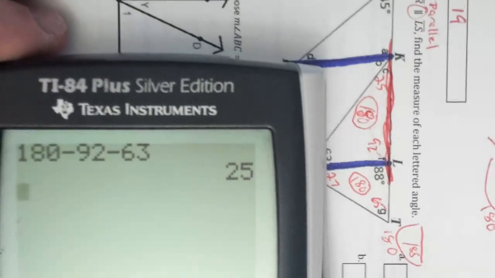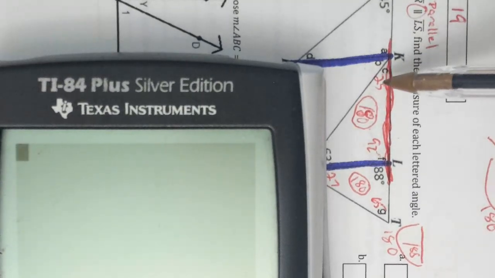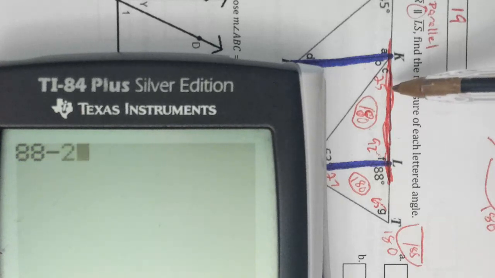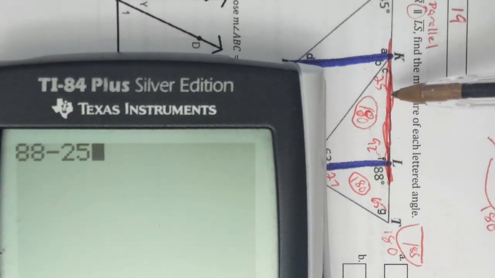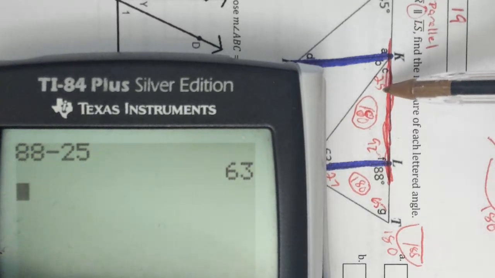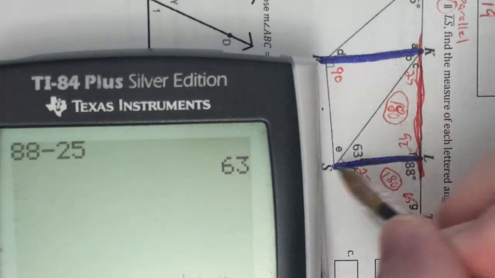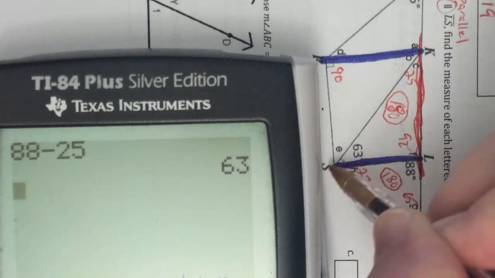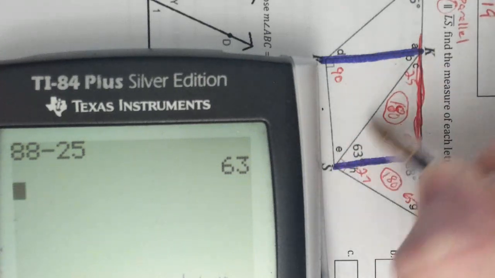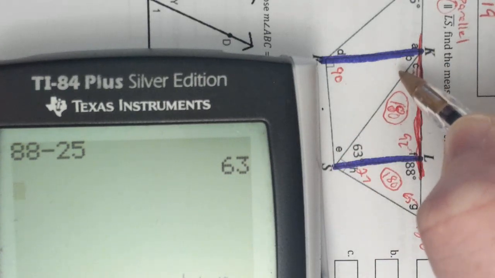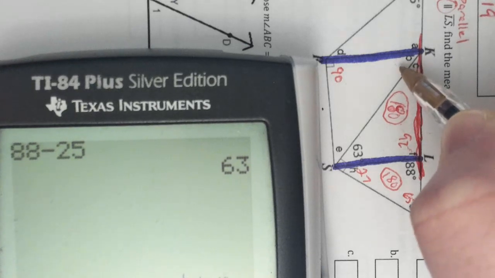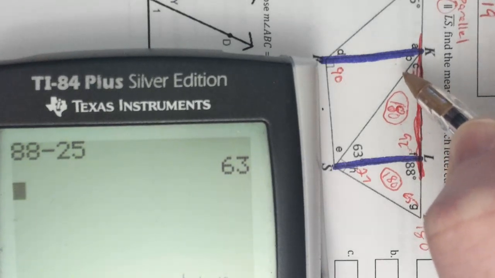So if all of this is 88, if I take 88 and I subtract that 25, I would get 63. Now there's something else I could have done instead. Another thing is, I could do the Z. If I do Z, alternate interior angles, once again, I know that B, this corner right here, is also 63. So that's another way we could have done it.